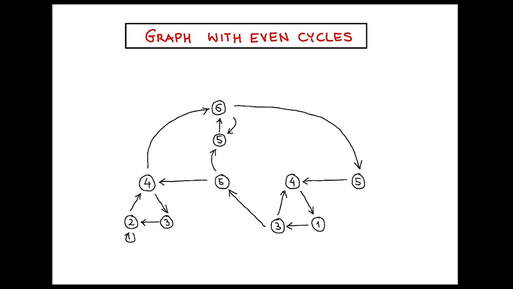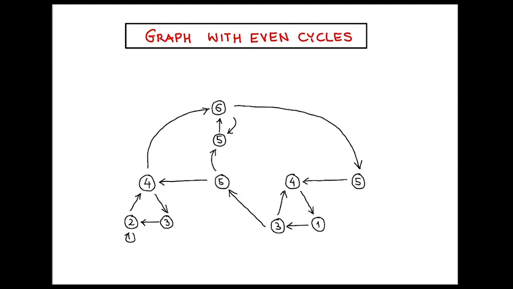And I hope that if you stare at this graph, much smaller than before, you will convince yourself that every cycle in this finite graph is even, and from that it's an easy exercise to conclude that every path in this finite graph with priorities on vertices has the property that the highest priority that occurs infinitely many times is even.